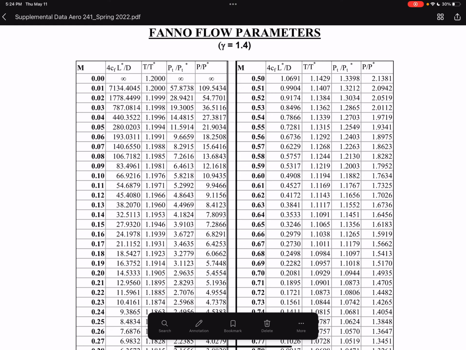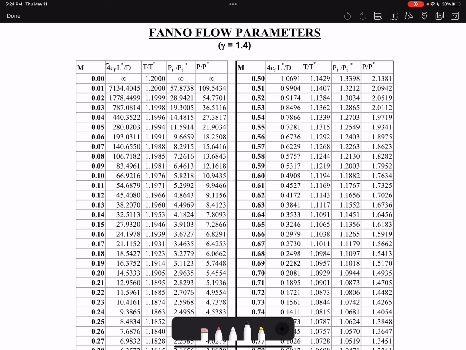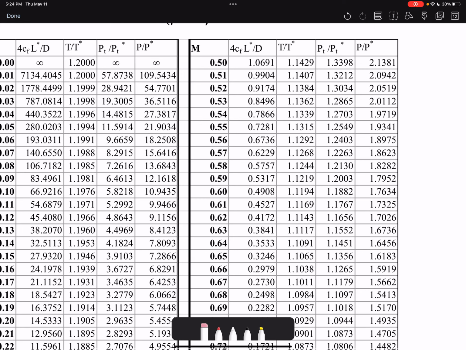And indeed, you have this first term over here, for which we do know D. We don't know L, but we know the Mach number. So we could find this whole term, because this whole term is a function of the Mach number. So we're going to go to 0.6 here, and look at this number from here. And since we know D and CF, we can find L star.